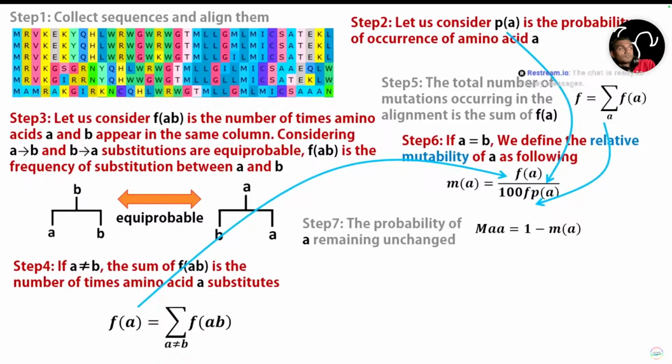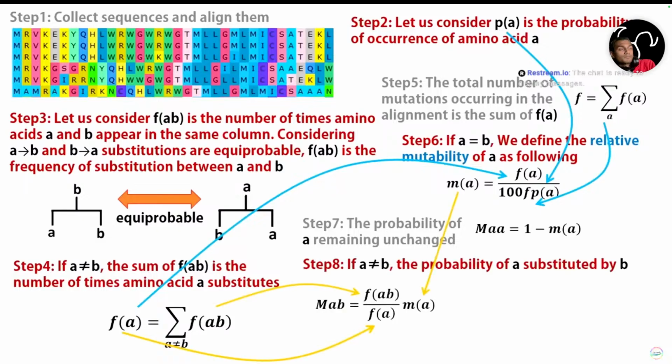Thus, MAA, which represents the probability of remaining unchanged, is given by this. This 100 reflects the fact that the unit of evolution used in this model is the amount of evolution that will change 1 in 100 amino acids on average. This is referred to as 1 PAM evolutionary distance.